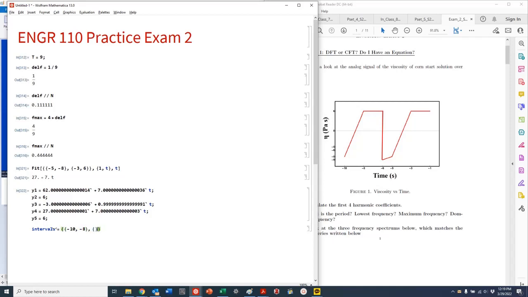Then I go from -8 to -6. Then I go from -6 to -5. Then I go from -5 to -3, and then finally from -3 to -1, and then I've got those interval values.